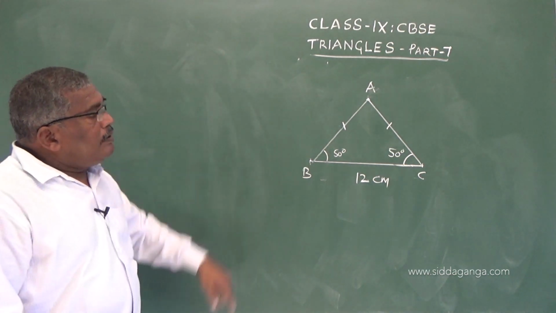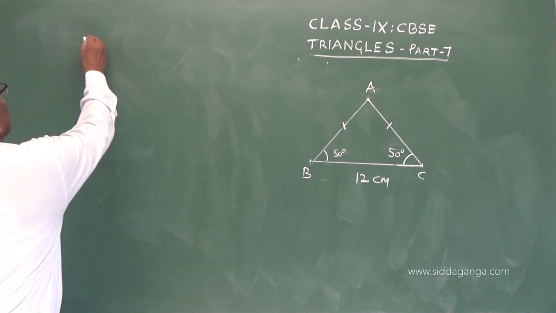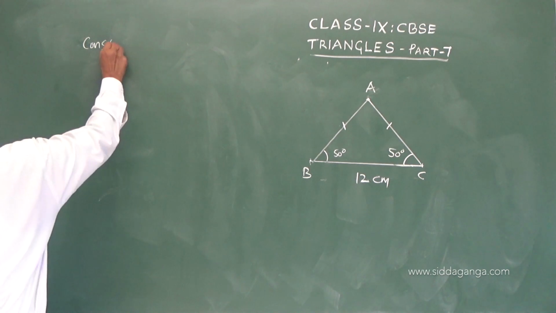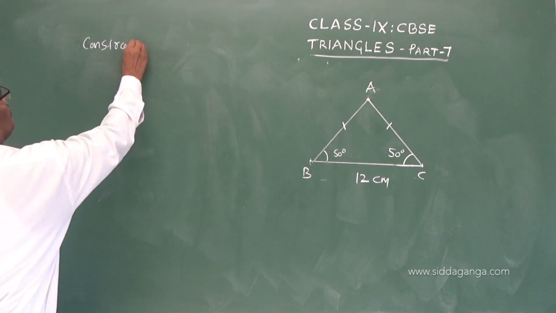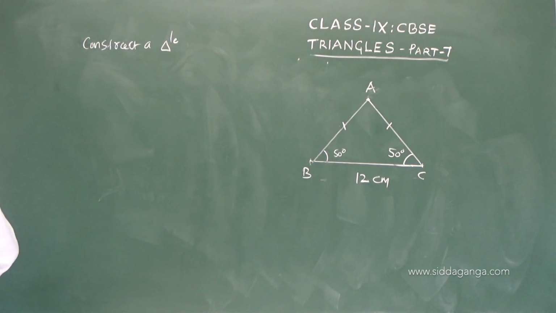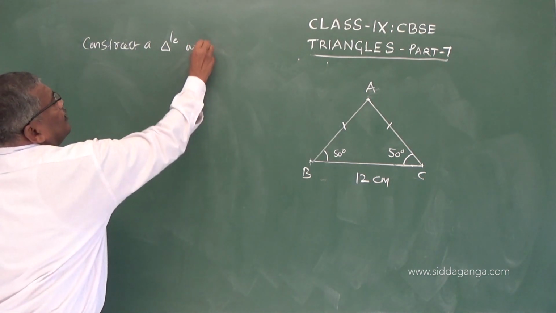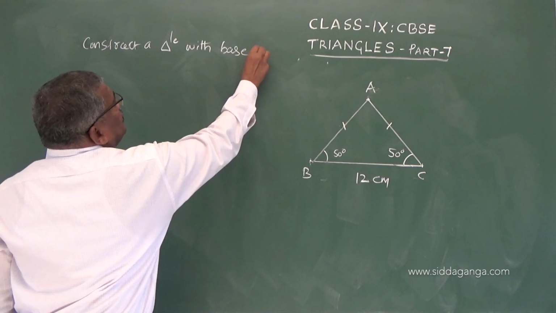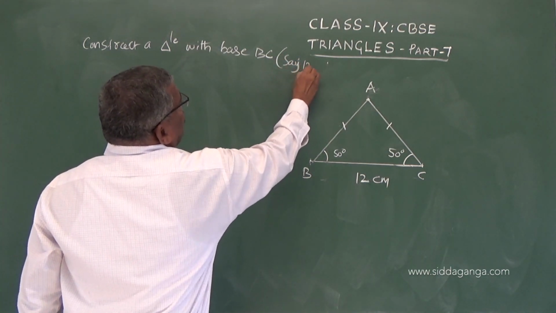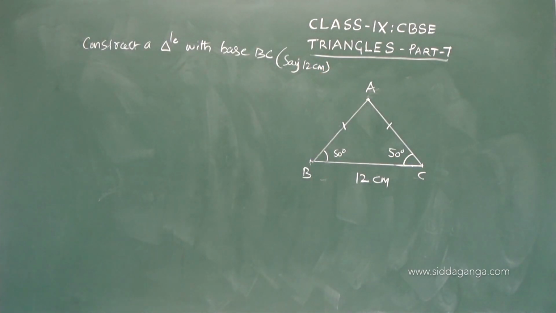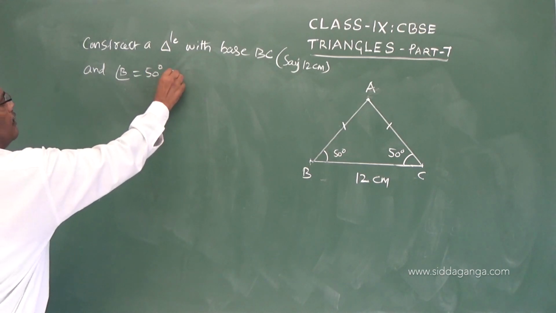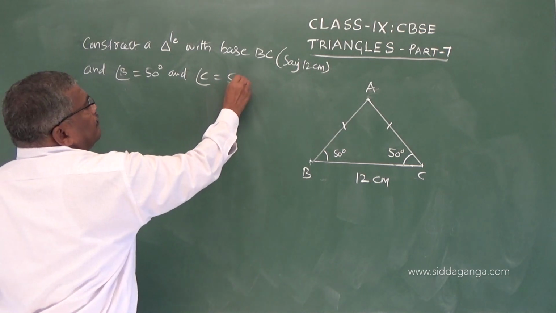So now to prove the converse, construct a triangle with base BC, say 12 centimeter, it may be of any length, and angle B is equal to 50 degree and angle C is equal to 50 degree.